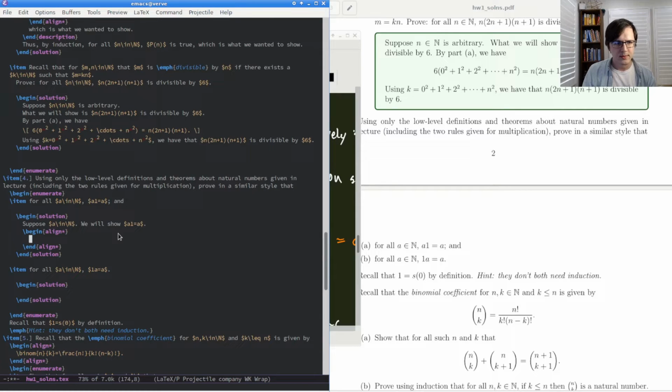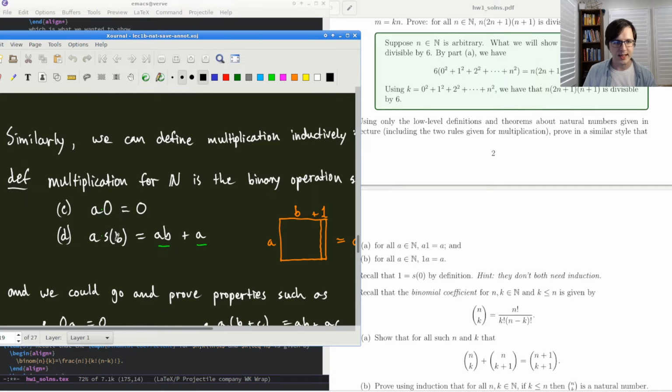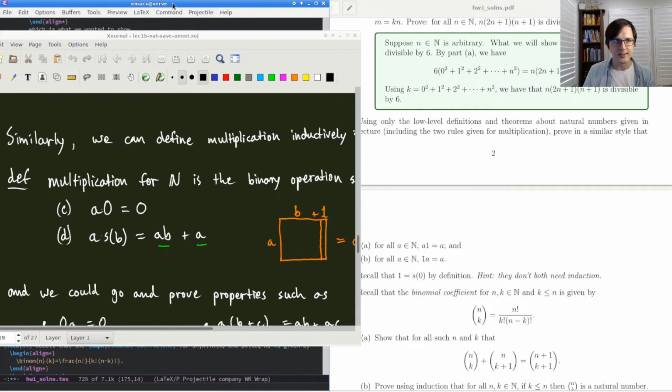So, okay, we have a times 1, which is by definition of 1, a times s of 0. And then a times s of 0, let's check, is a times s. Okay, so we multiply the first number by what's in the s, and then we add the first number.